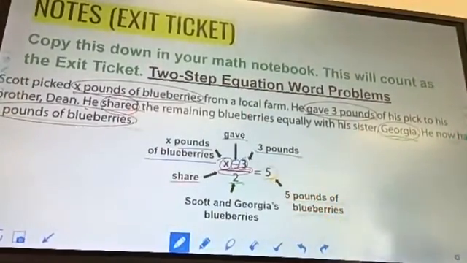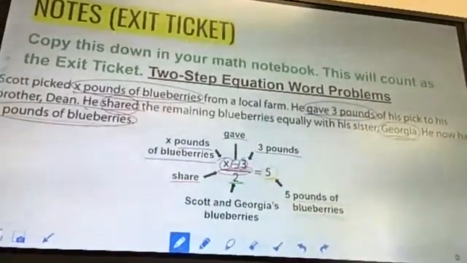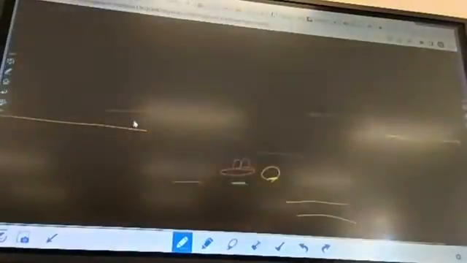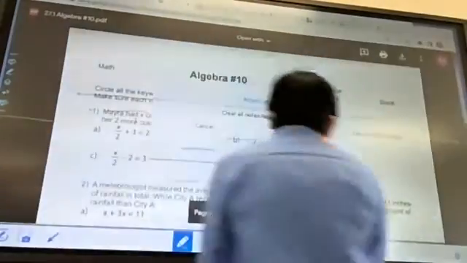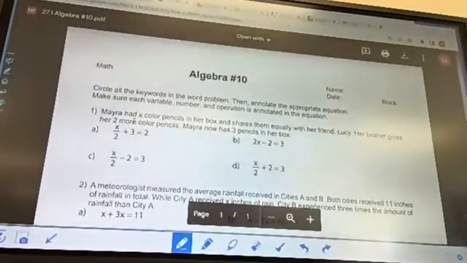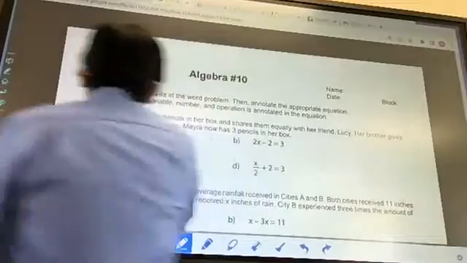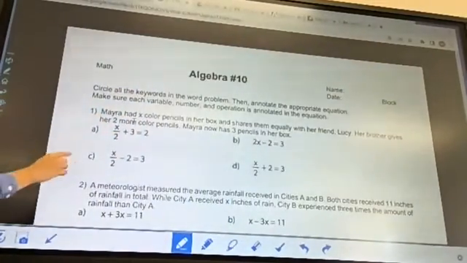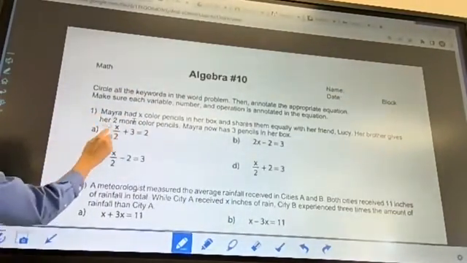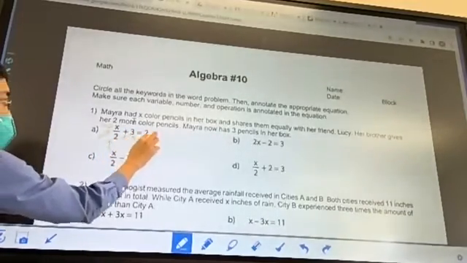Okay. So in each of your problems today on the worksheet, you will see that there are 4 different answers. So let me read the instructions first. It says circle all the keywords in the word problem, then annotate the appropriate equation. Make sure each variable, number, and operation is annotated in the equation. So if you believe for this word problem the answer is A, you need to make sure you mark up what X means, what the division sign means, what the 2 means, what the plus means, what the 3 means, and what the 2 means.